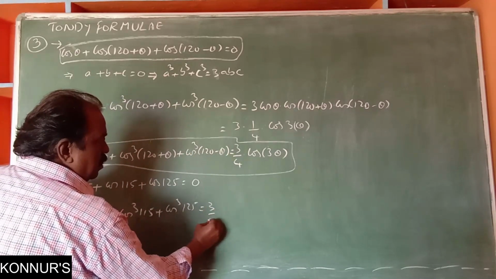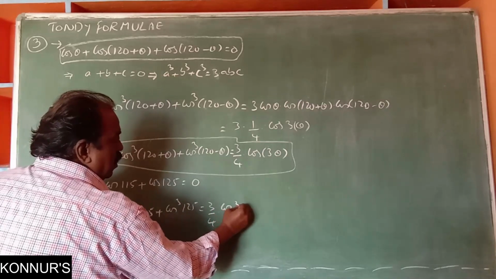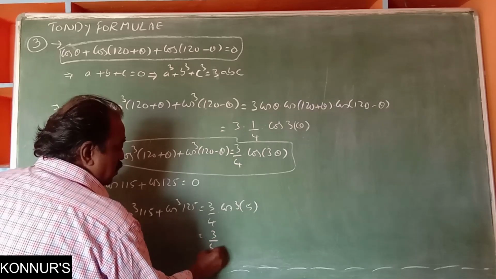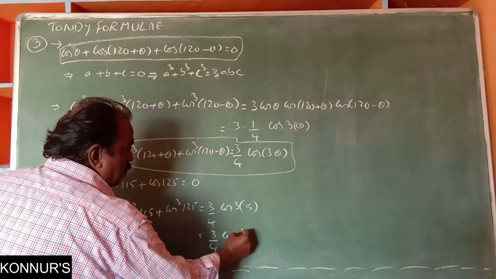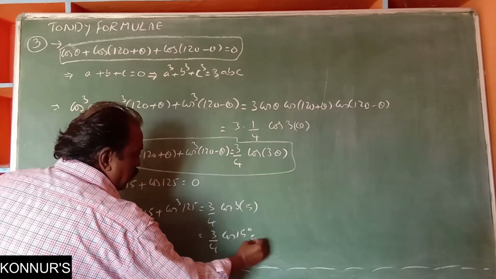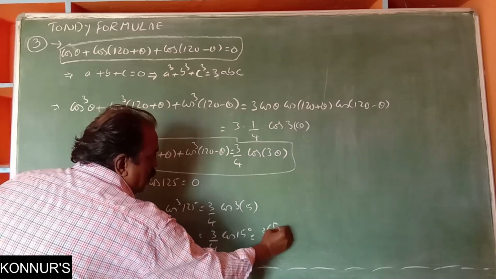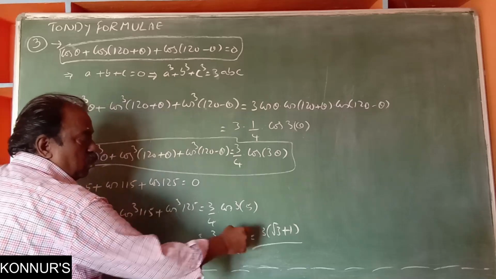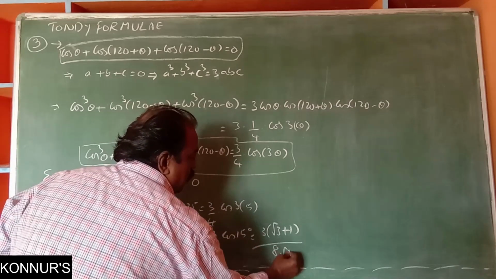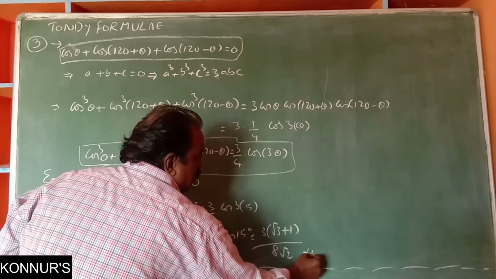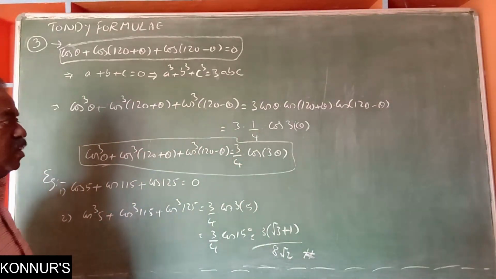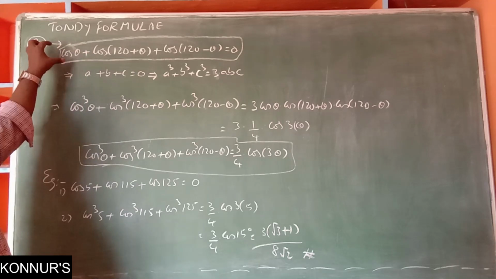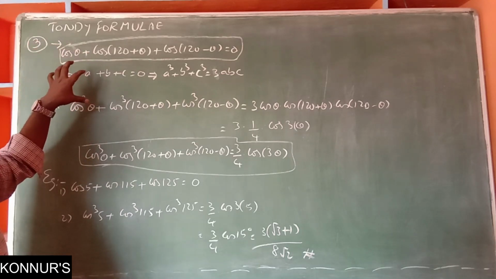It is nothing but 3 by 4 cos 3 into 5, which is 3 by 4 cos 15 degrees. It is 3 of root 3 plus 1 by 4 into 2 root 2, so 8 root 2 will come. So this is the answer. Okay now? It is an important formula. So it is the third one. Okay now?